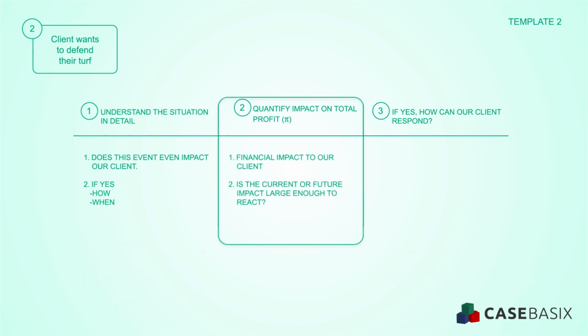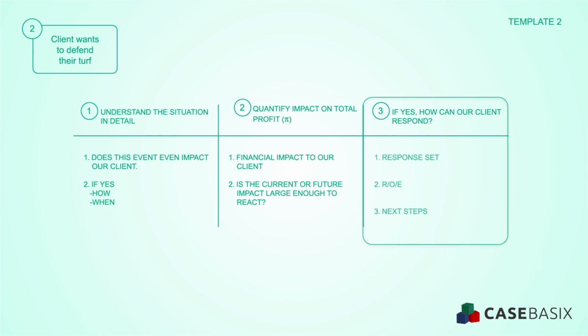The second bucket is analysing the impact of the threat if the threat were to materialise. There is a quantitative and qualitative aspect. Quantitative aspect is the financials and qualitative aspects are things like brand, reputation, loyalty, etc. that could impact future P&L. The third bucket focuses on finding adequate responses to the threat.